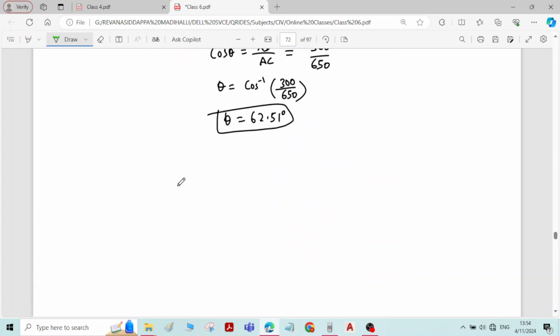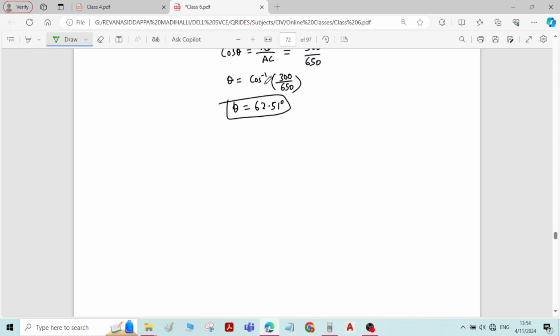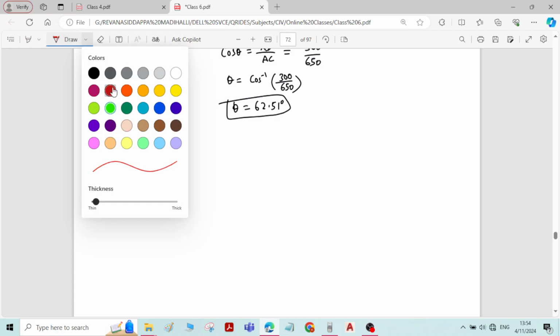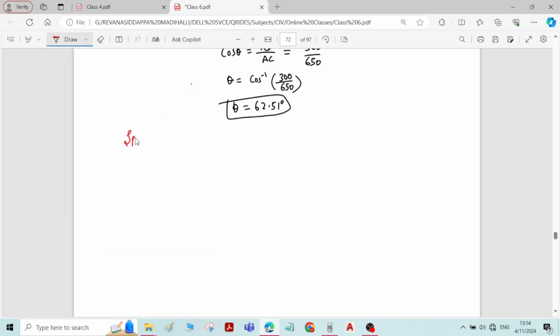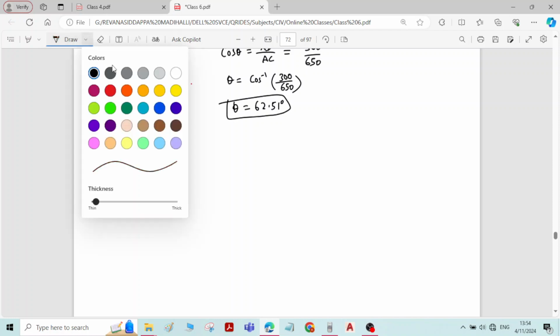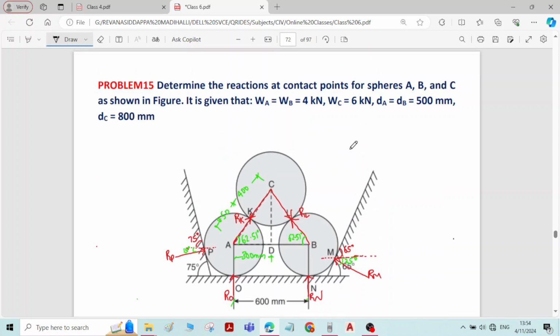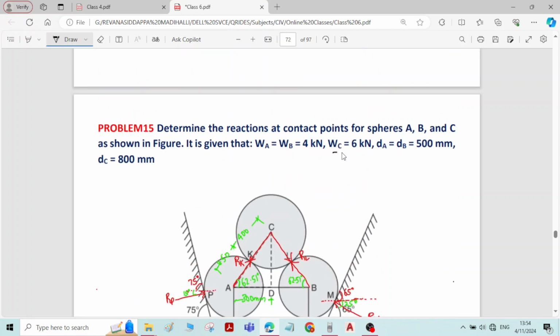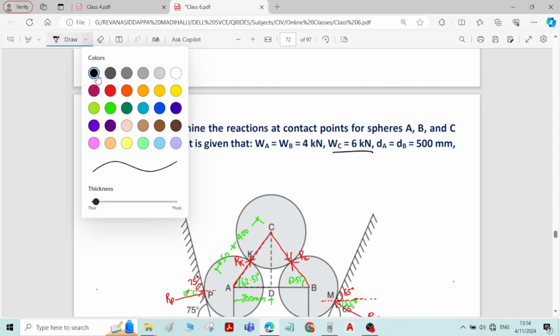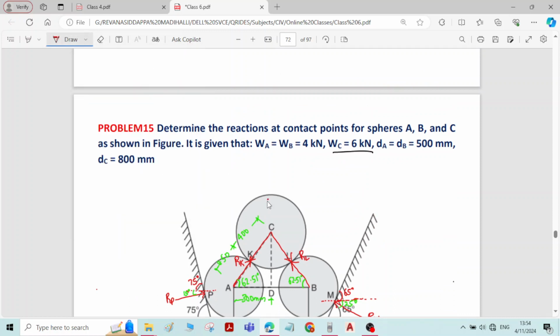Okay. Now sphere C. Select sphere C. For sphere C you write the free body diagram now. For sphere C the self weight is given as 6 kilonewton.